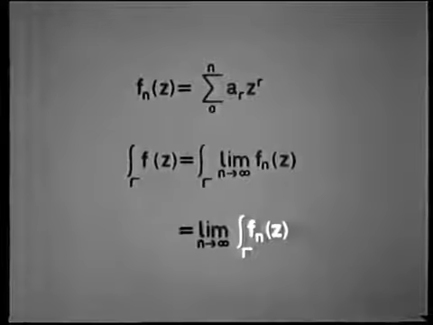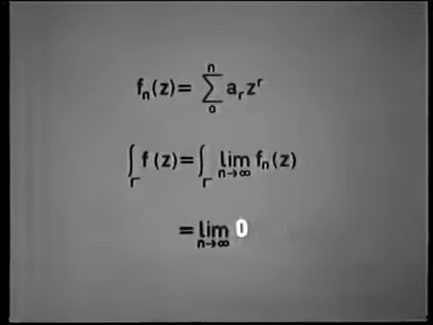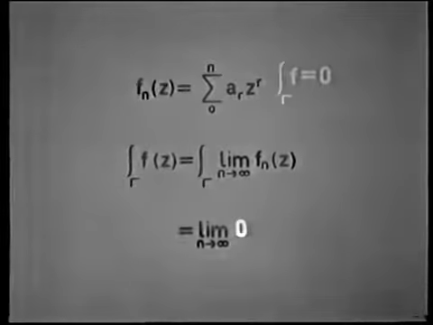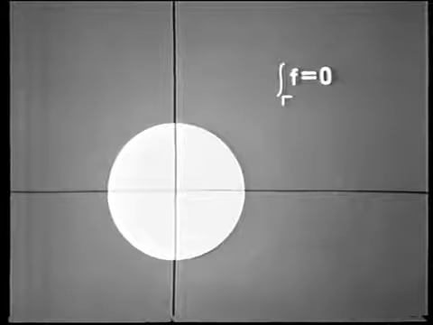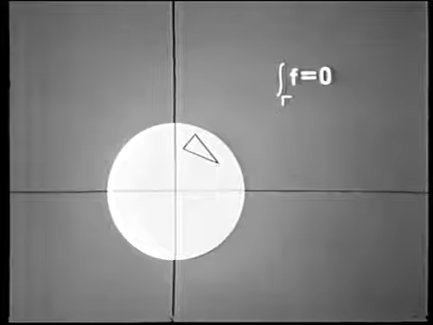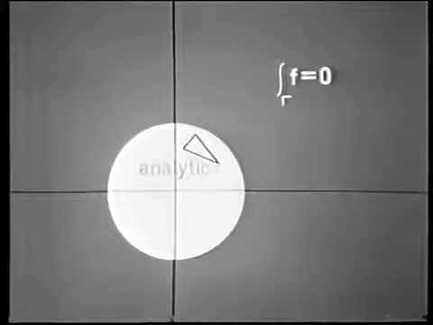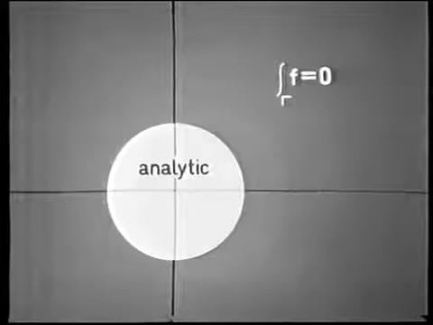And that's just by using Cauchy's theorem, because f_n is just a polynomial. So the limit of the integrals must also be 0, and therefore the integral of f must be 0. In particular, the integral around any triangle within the circle of convergence is 0. So f is analytic on the whole open disk.